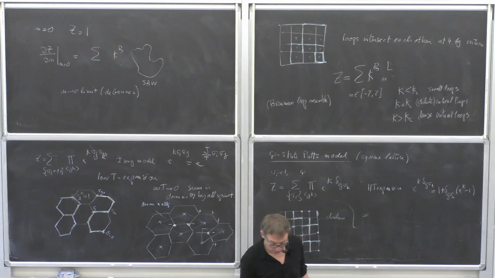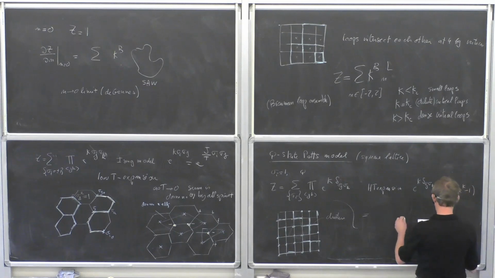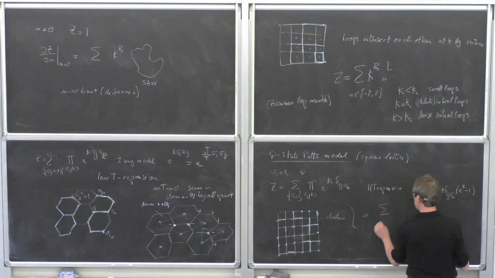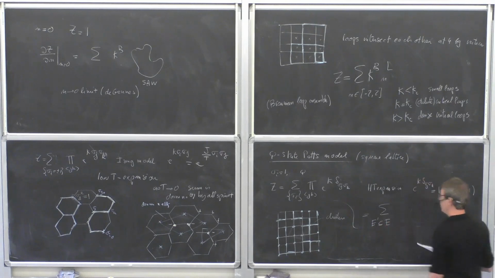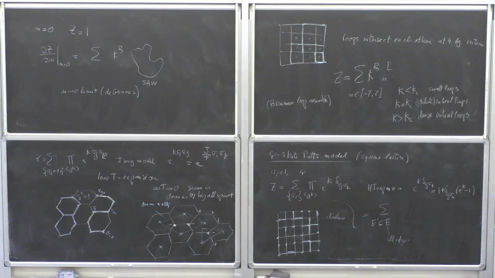Okay, so in general, this allows us to write the partition function as, and maybe it's time to introduce a microscopic amount of formalism, the sum over E prime. So E denotes the set of all the edges of the graph. Here is the square lattice. E prime are subsets, all the subsets of all the edges.